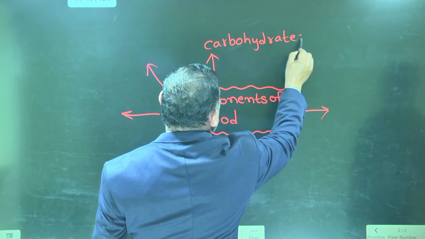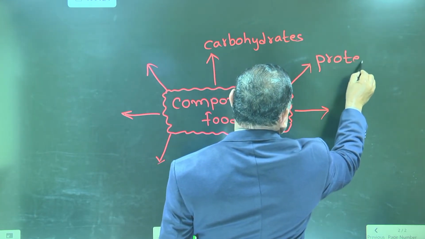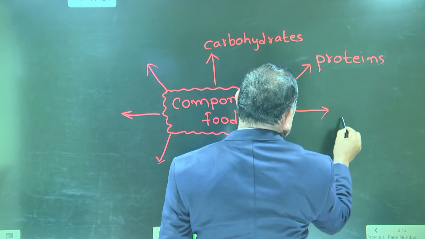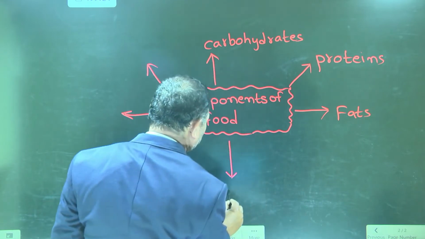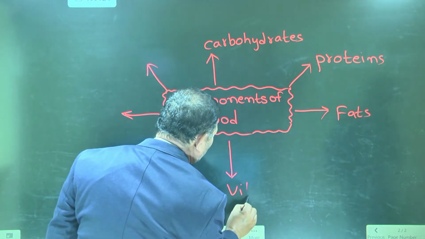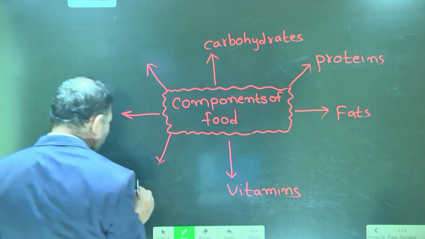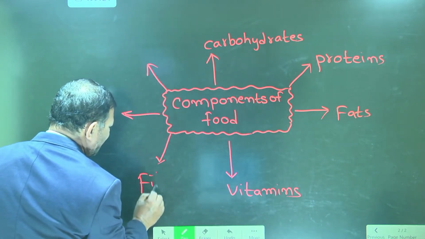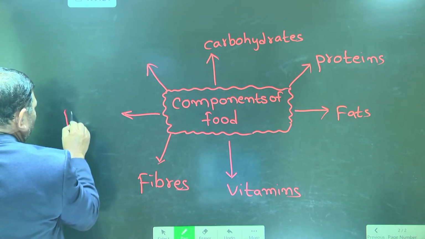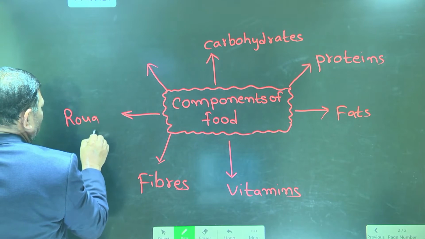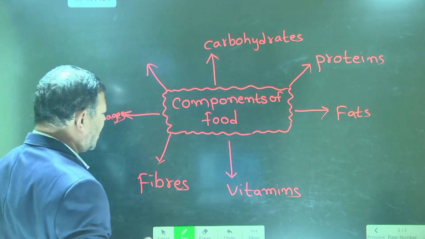Next one is proteins. Next one is fats. Next one is vitamins. Next one is fibers. Next one is roughages.